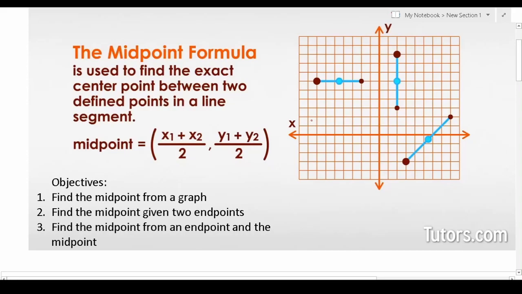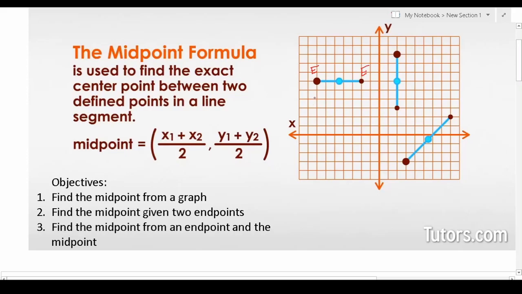So far, I've talked about writing equations for lines in my videos. The key difference between the midpoint and writing an equation of a line is that in order to find the midpoint, you need to have a line segment. That is, you need to have a line that has two clearly defined endpoints.